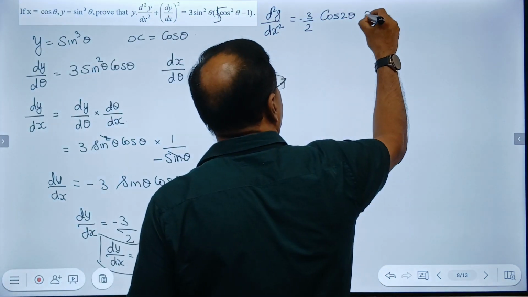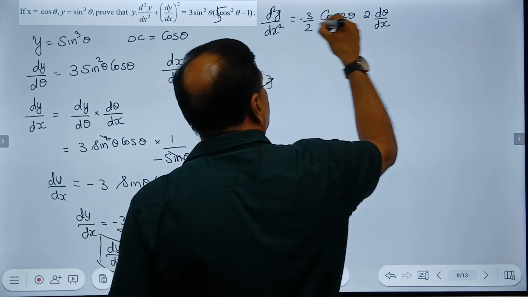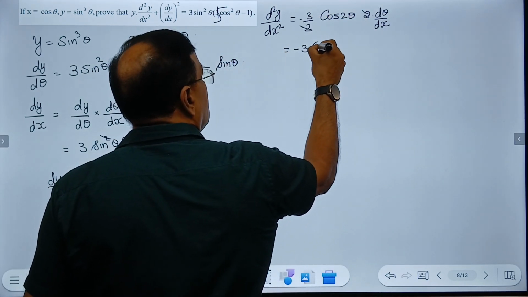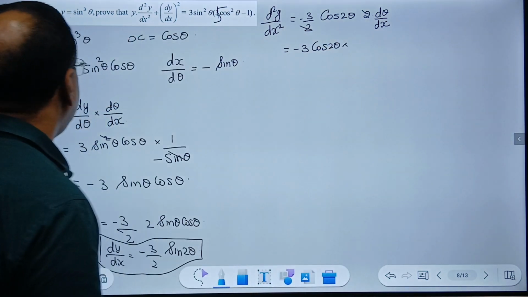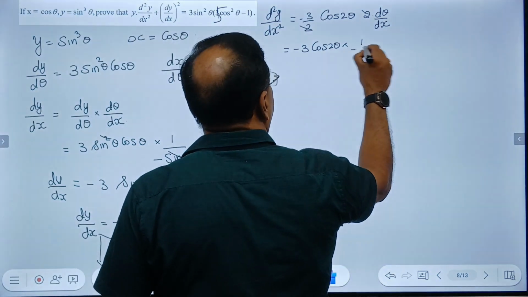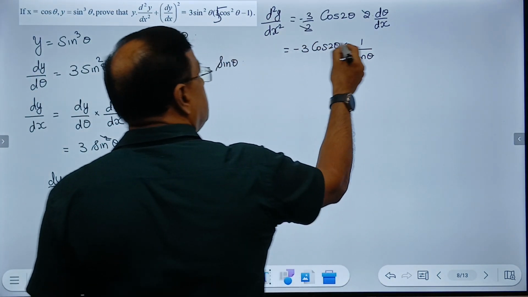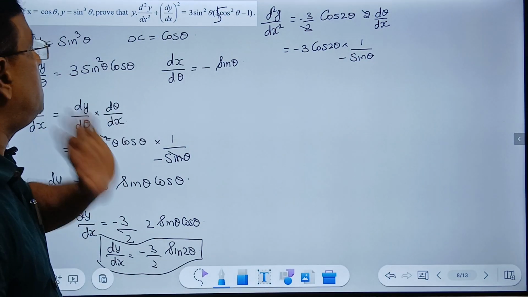It will be 2 into d theta by dx. So 2 gets cancelled. I get minus 3 cos 2 theta into, what is d theta by dx? d theta by dx will be 1 by sine theta with a minus sign. So minus and minus gets cancelled. Okay. So that finishes that part.